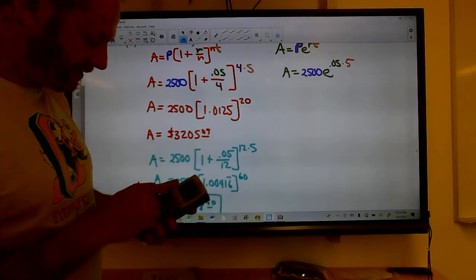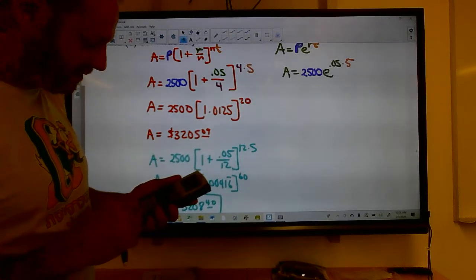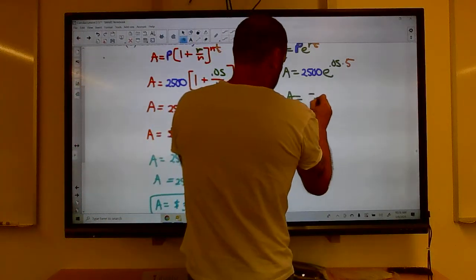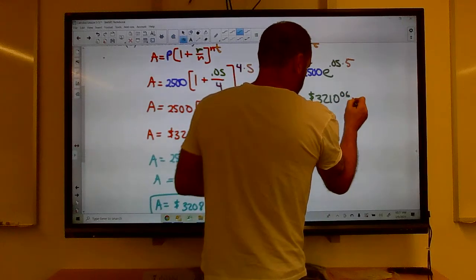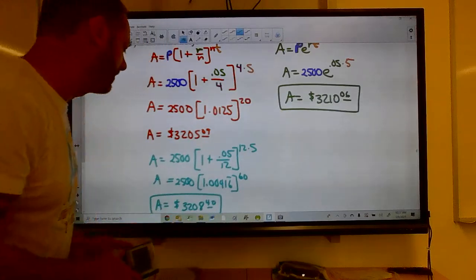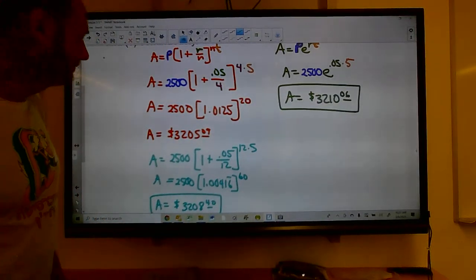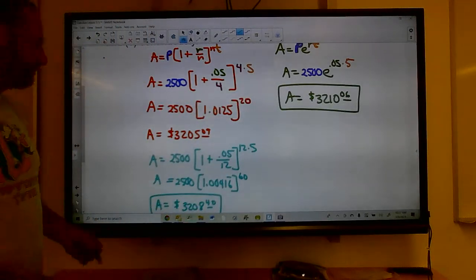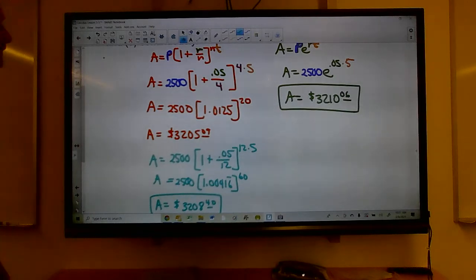So 2,500 times e to the 0.05 times 5 power. So this one comes out to be $3,210.06. That's the most interest you can get at that interest rate in that time frame without bumping up the interest rate. So you can see it's a little bit more than that one because you've compounded it an infinite number of times more.